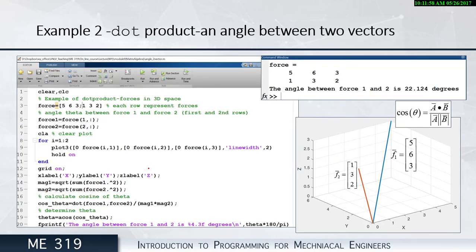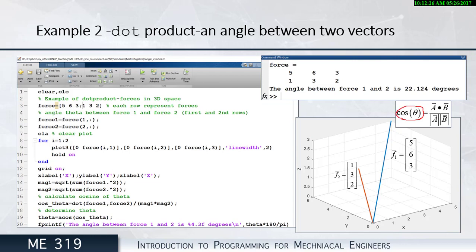Another example of the dot product is finding an angle between two vectors. In this particular example, the two vectors are forces, and the angle between these forces can be obtained by dividing the dot product by the product of the vector magnitudes. So the formula is here.